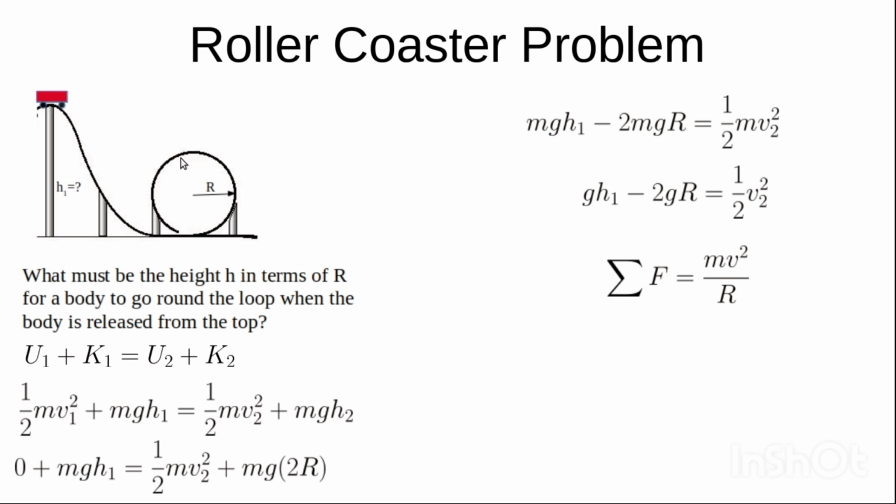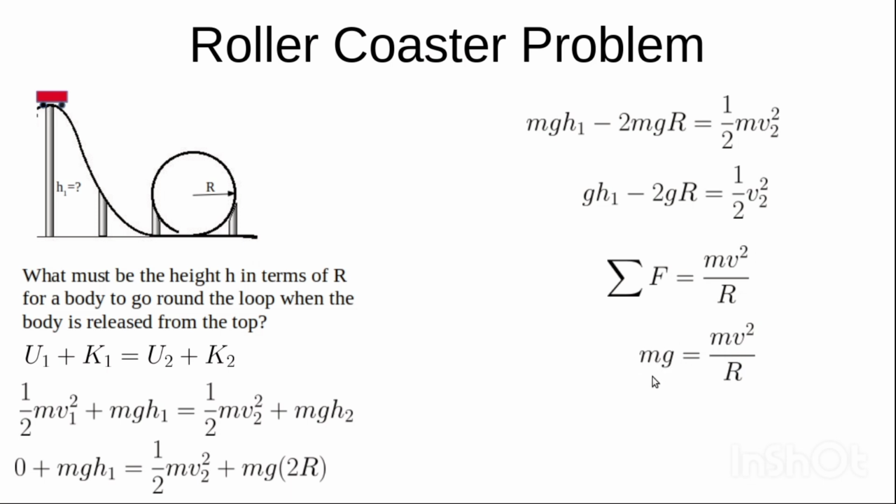When the particle is at this point, it has a force acting downward which is equal to the weight. So the reaction is 0 at this point, and the only force acting on this body is the weight. This force, which is equal to the weight, must be equal to mv squared over r. So we have mg equal to mv squared over r.